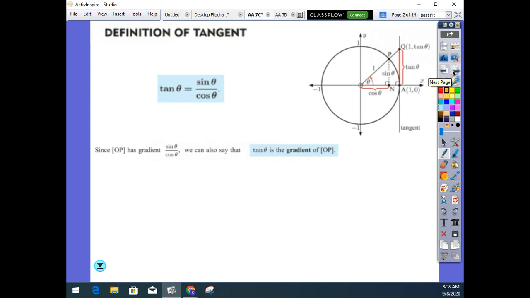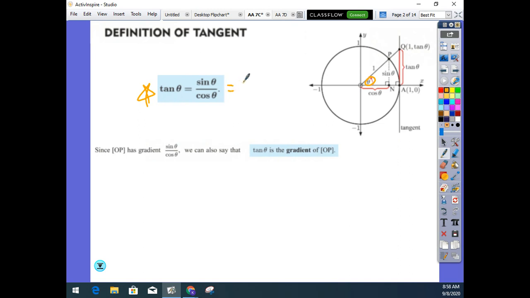So the three main trig functions, sine, cosine, and tangent. Don't worry about drawing this picture. This is what you need to know. If I take tangent of this angle here, it's always going to be sine divided by cosine.